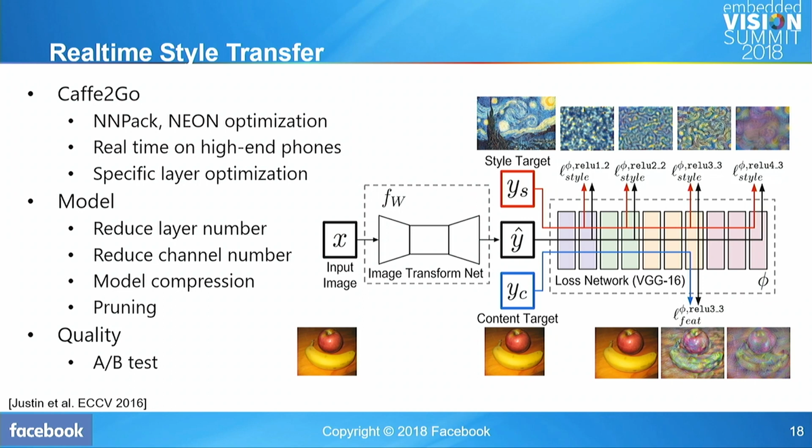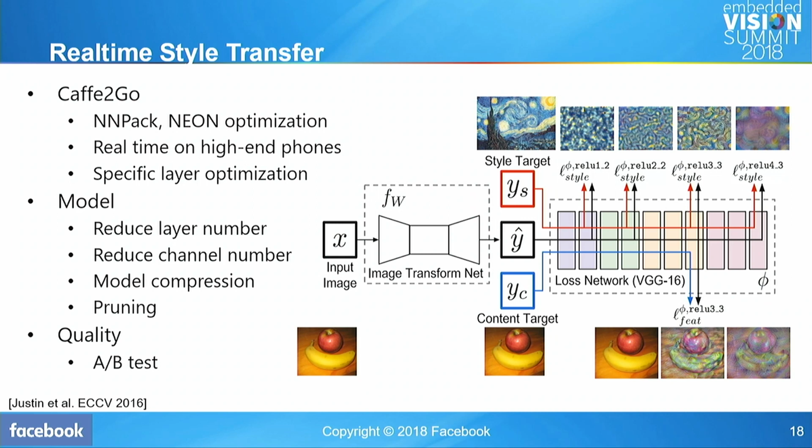For the style, it uses multiple layers, especially the early layers, using the gram matrix of the channels of the feature space in the VGG network, and propagates those loss functions back through the image transform network.